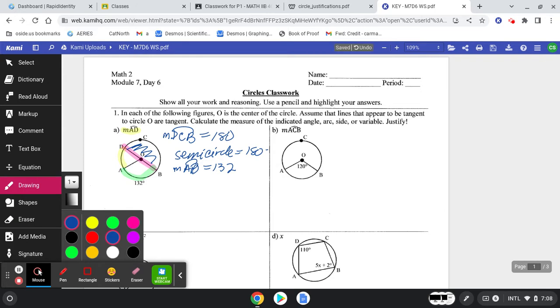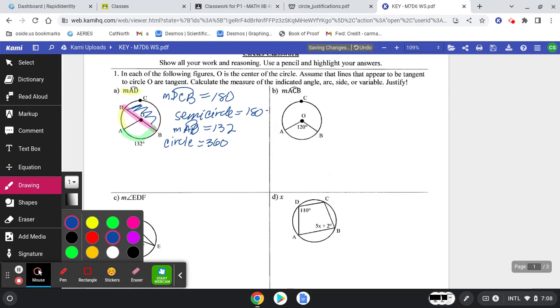I know that the whole circle is equal to 360. So couldn't I add that entire thing up, where I could say the measure of the arc I want, AD, plus the measure of minor arc AB, which is 132, plus the measure of major arc DCB, which is 180. That whole thing equals 360. So I have my unknown here, plus 132, plus 180.